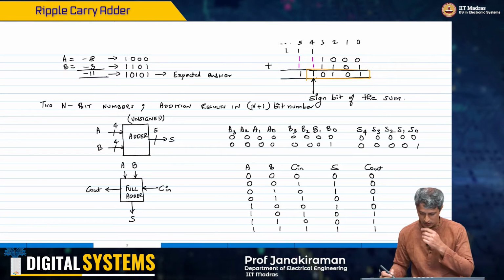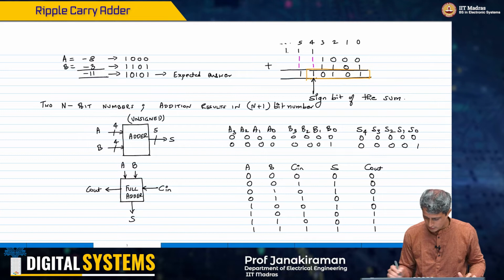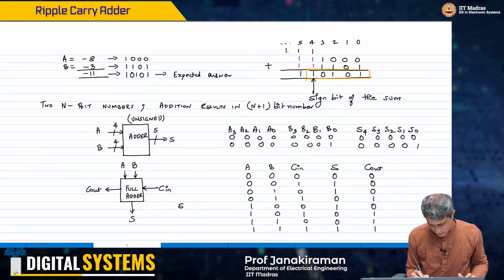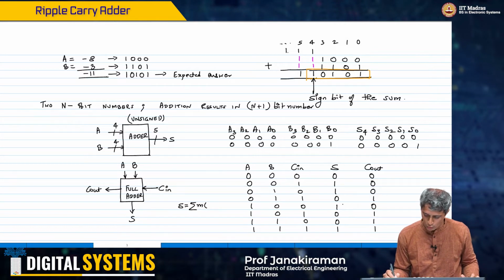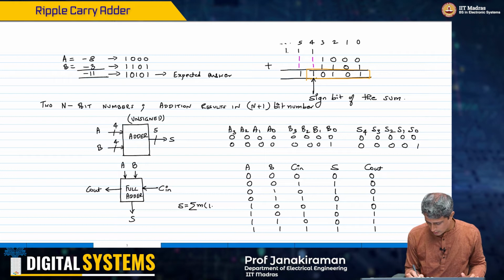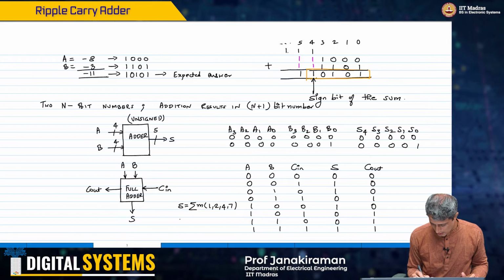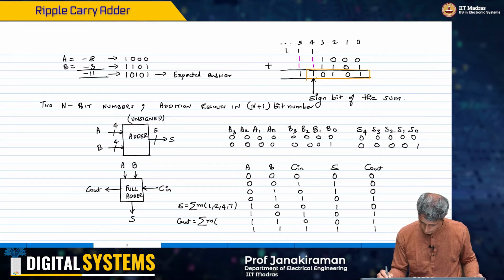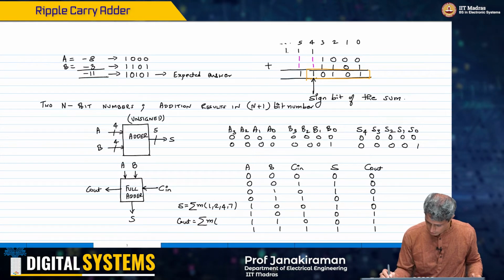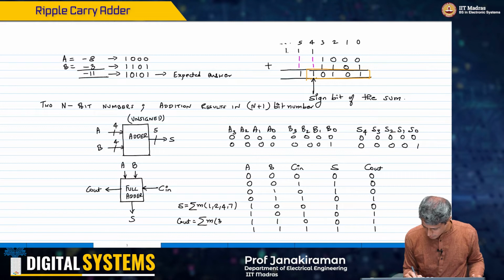The sum is just min terms. If I write this, the sum is summation of min terms 1 2 4 7, and C out is summation of min terms 3 4 5 6 7.